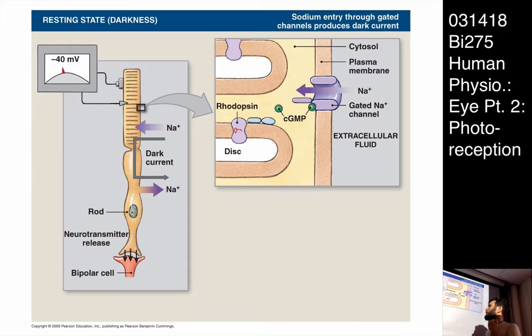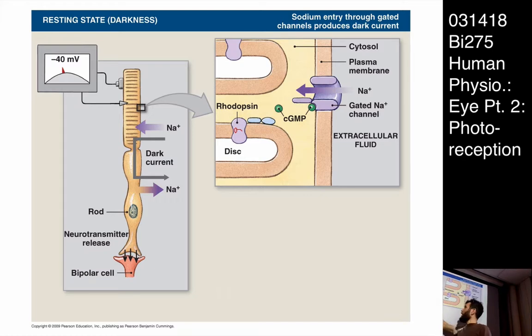Typically, the way these photoreceptors work is, in this inner segment here, there are sodium pumps, ATPases. They're ATP-driven ion pumps that are pumping sodium out of the cell.